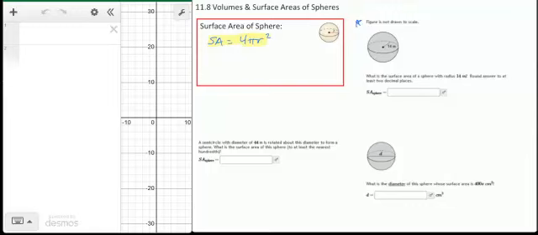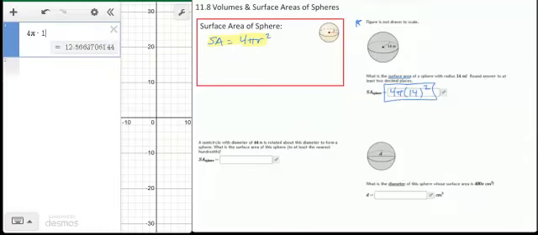If you're given a sphere, read carefully, because again, the biggest mistake is going to be mixing up the formulas for volume and surface area. So you see this question's asking for the surface area. You see it's a sphere, and it has a radius of 14. And so you can simply take 4 times pi r squared, and that's all you would need to do. Enter the formula as it appears.